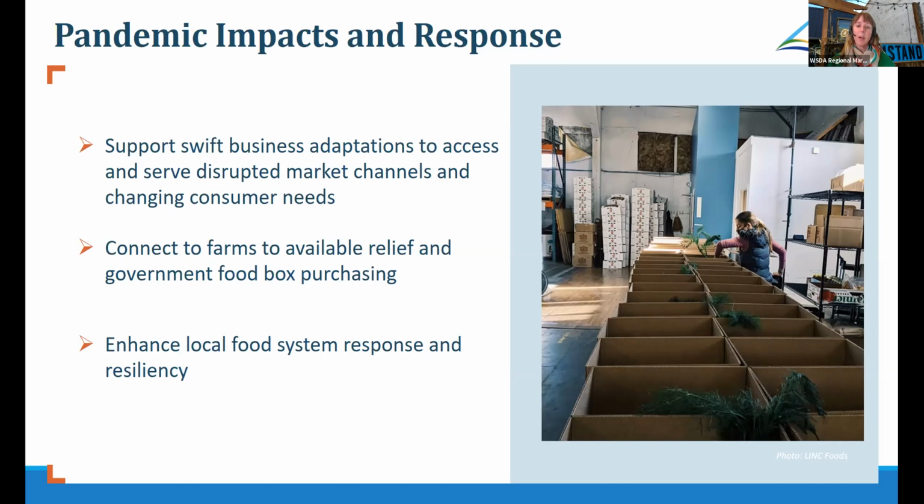We also tried to help small and direct marketing farms that tend to not be as connected to existing federal government support programs. We tried to make sure they were aware of opportunities for relief and support and could compete for those opportunities.